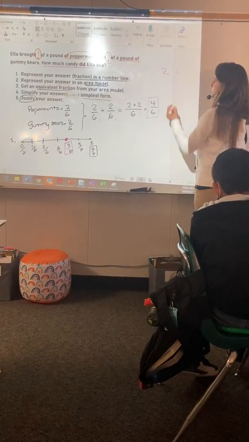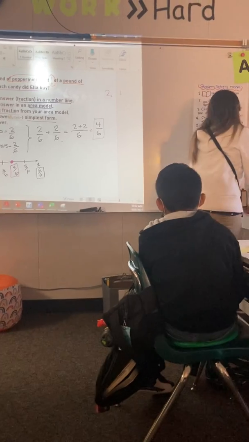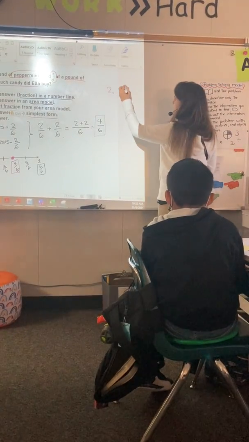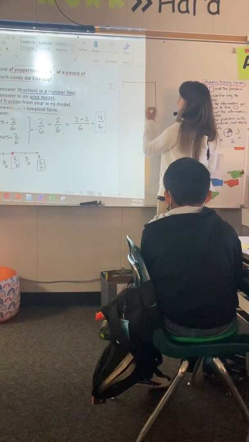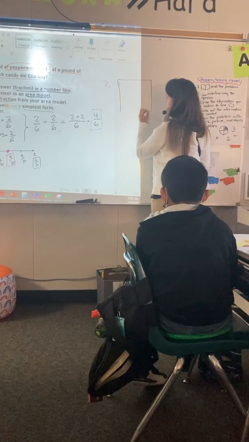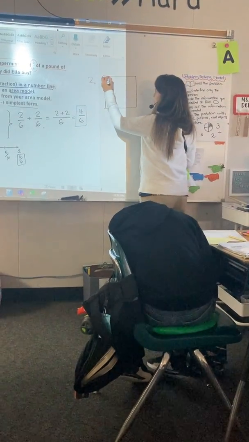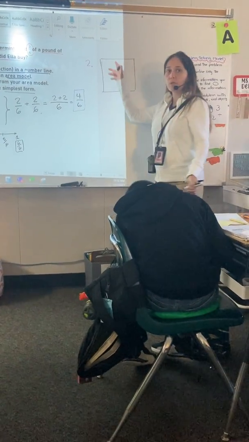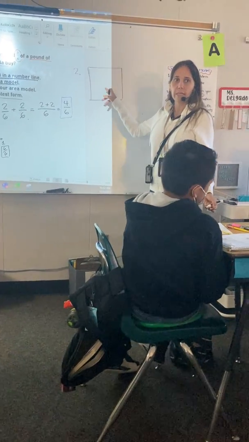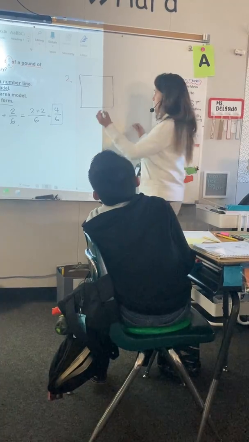Represent your answer in an area model. Oh, okay, so if I want to represent this in an area model, I'm going to choose a square or a rectangle or whatever I can find. So how many lines am I going to split this rectangle or square into? 6. Excellent.